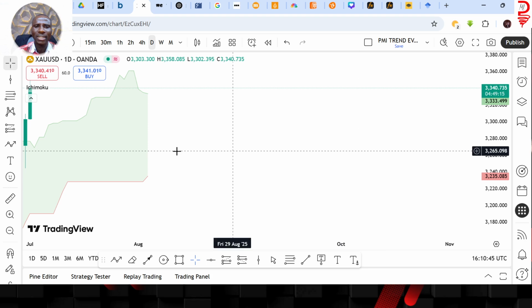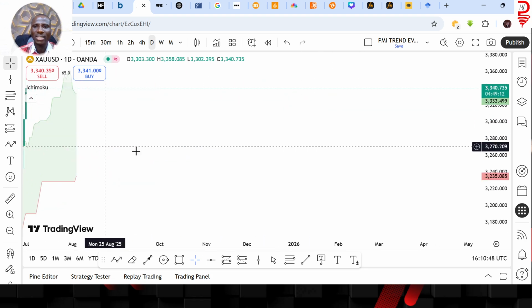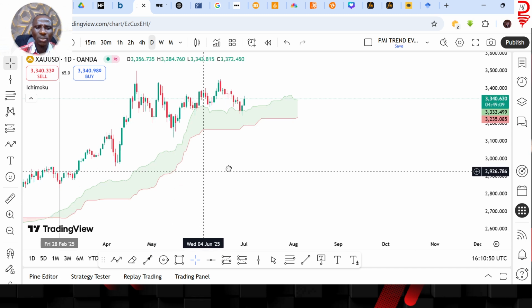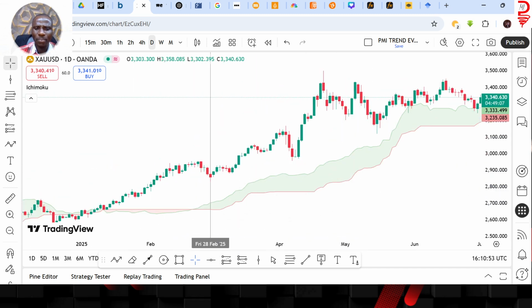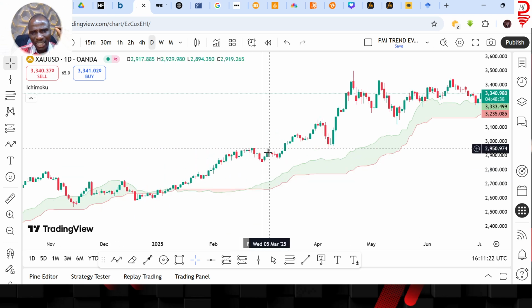Let me see if we can really... okay, I think I've cleared what I've drawn. So let's just use the chart as an example. Now for an uptrend, you want to see consecutive bullish candles. When these bullish candles start to move, the only thing that will make it an impulse wave is if these consecutive candles were able to break a particular resistance zone characterized by a corrective wave.